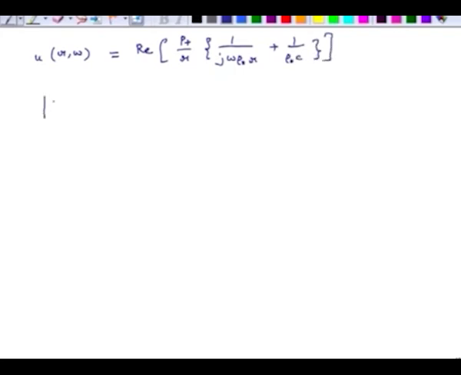And if I take the magnitude of this complex amplitude of velocity, then I have to take the magnitude of P plus times the magnitude of this entire thing, 1 over Z, which is 1 over j omega rho naught r plus 1 over rho naught c.